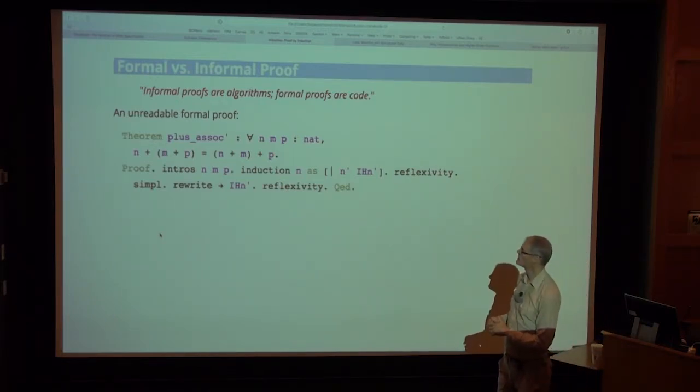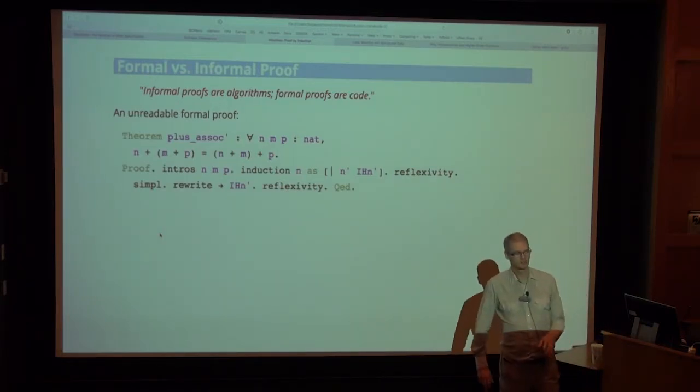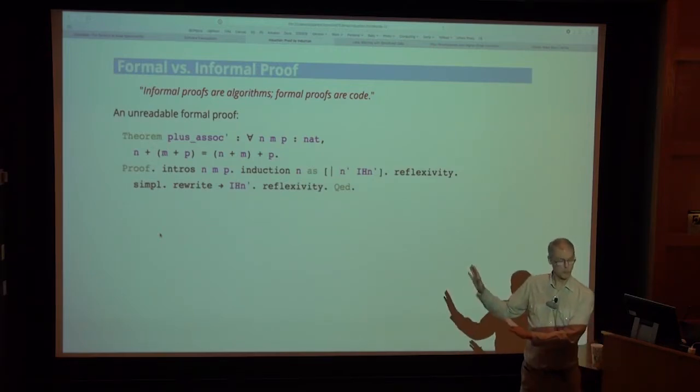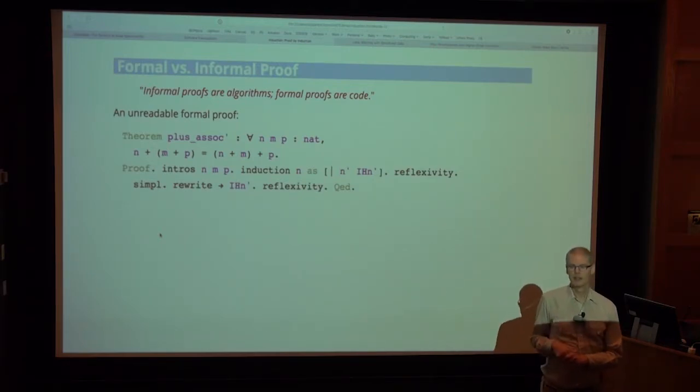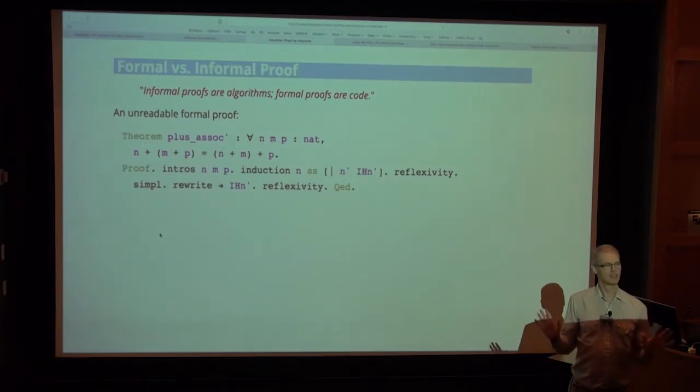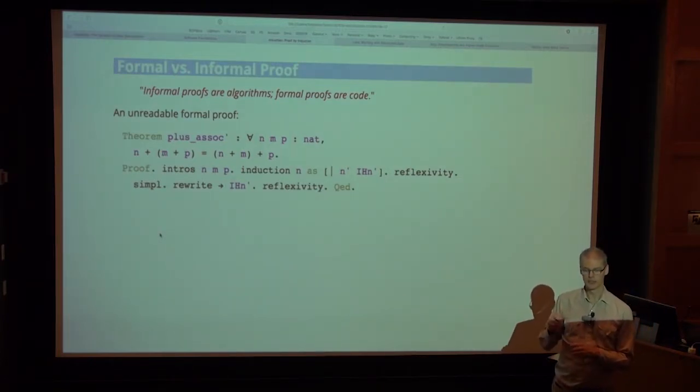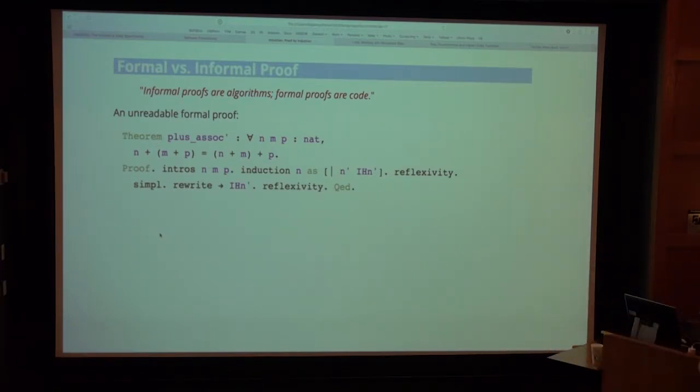So the point of that sermon is formal proofs are good and useful, but don't think that they're all there is to life. It's also important to learn how to abstract from those formal proofs and communicate ideas. And that's a kind of a separate process.